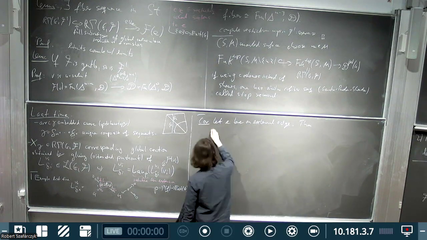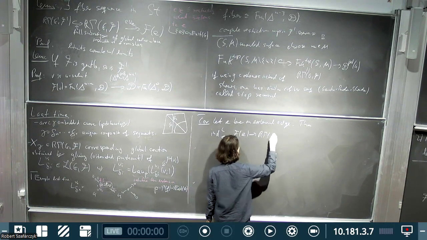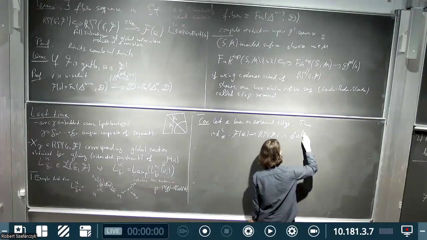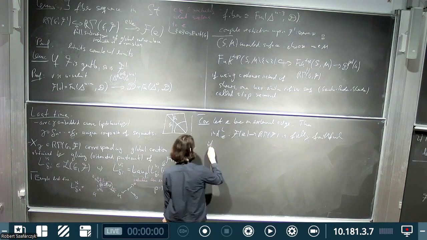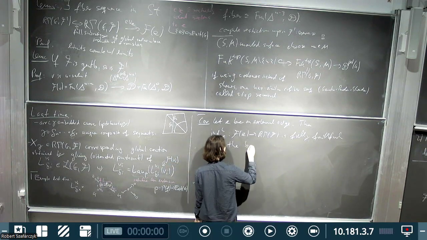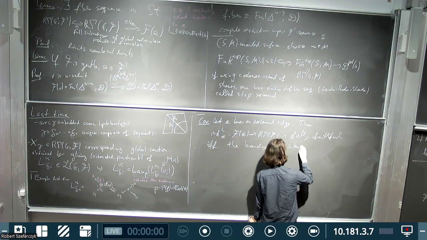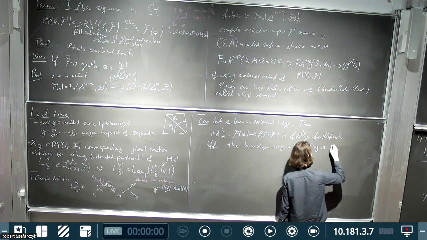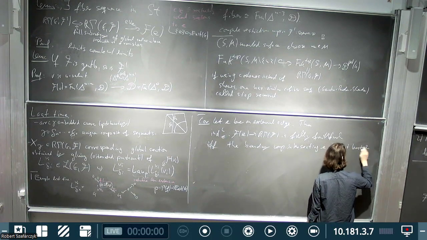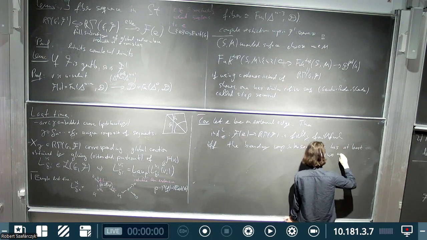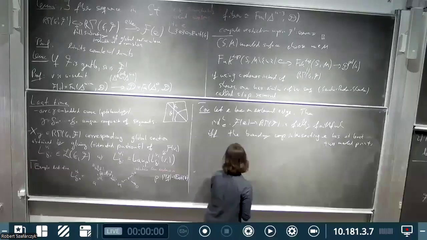Then induction at E from F of E to global sections is fully faithful if and only if the boundary component intersecting E has at least 2 marked points. And so the proof goes as follows.